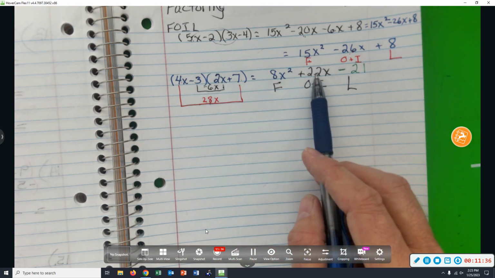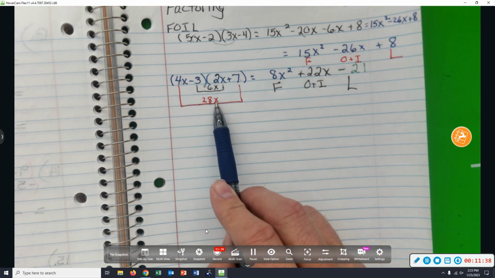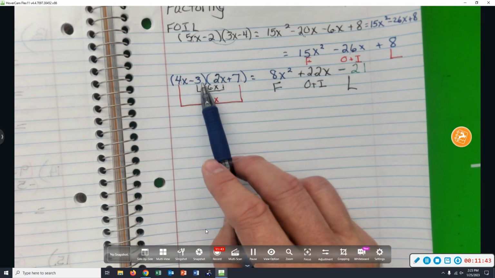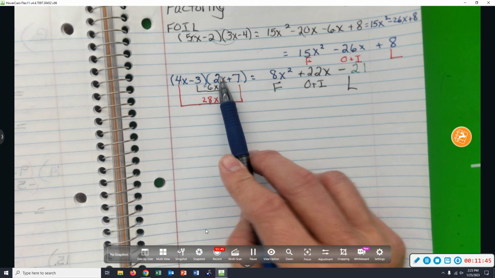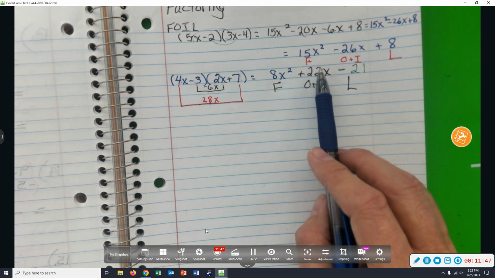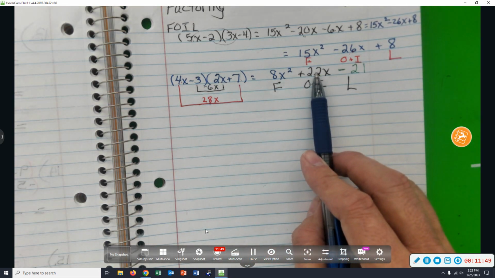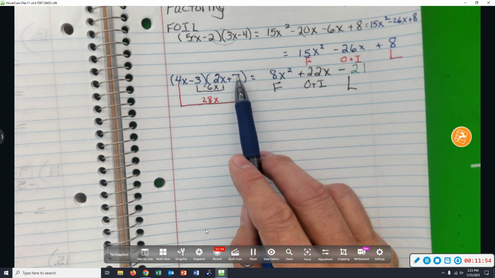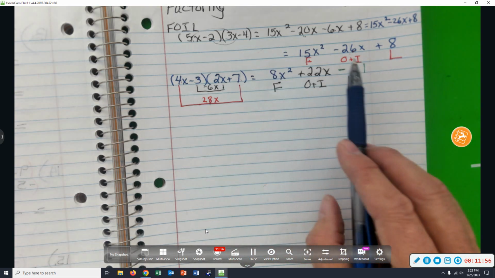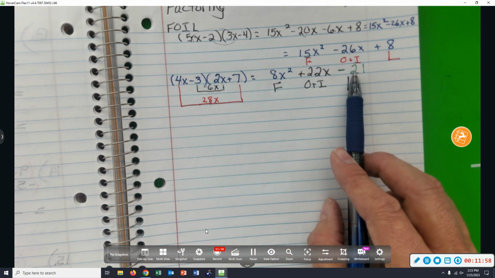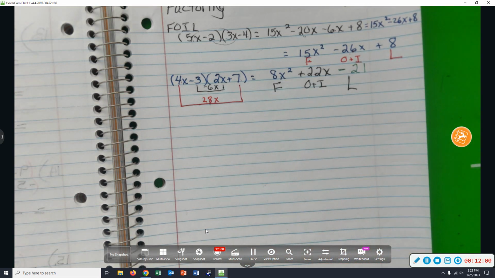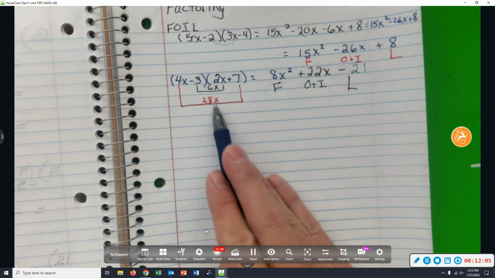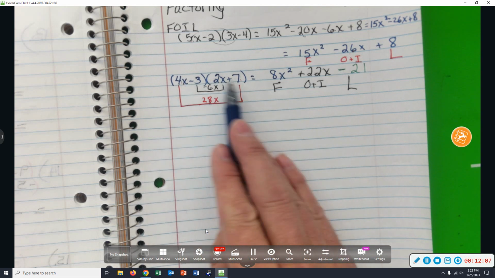Instead of writing just a plus 28x and a minus 6x, I wrote it like this for a reason, and then I combined them to go straight to the plus 22x. And then what's the last term if you're foiling it out? Negative 3 times 7, negative 21. Why am I writing it with these marks? Well, that's how I'm going to be filling in these parentheses here.